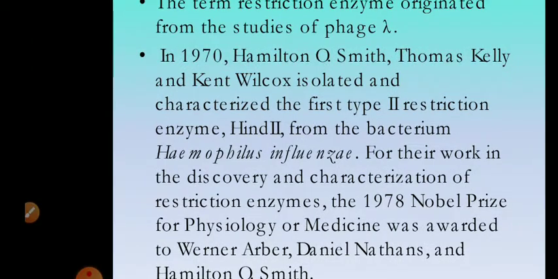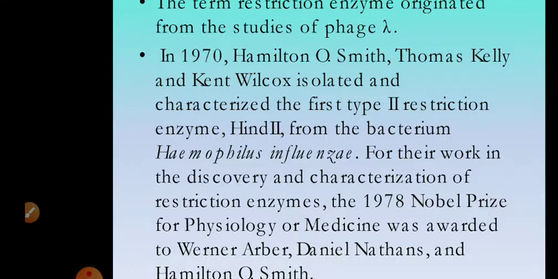So the first restriction enzyme, HindII, was isolated from Haemophilus influenzae by Hamilton Smith and his colleagues in 1970. But the existence of restriction enzymes was first told to us by Werner Arber.